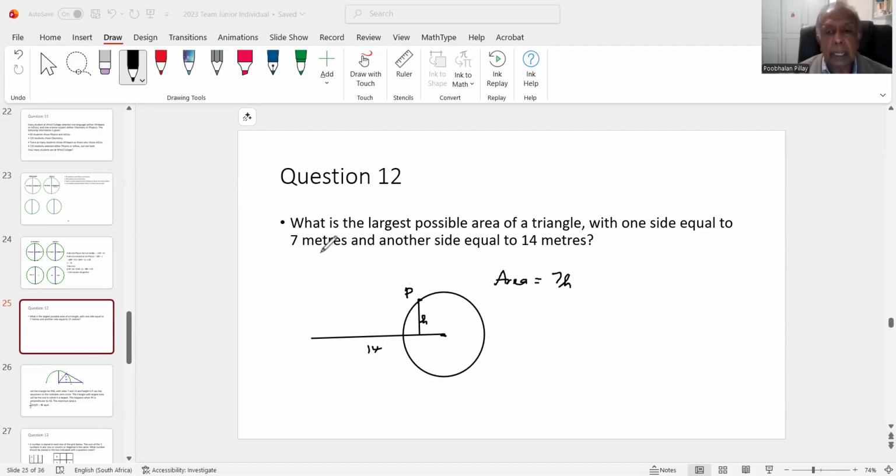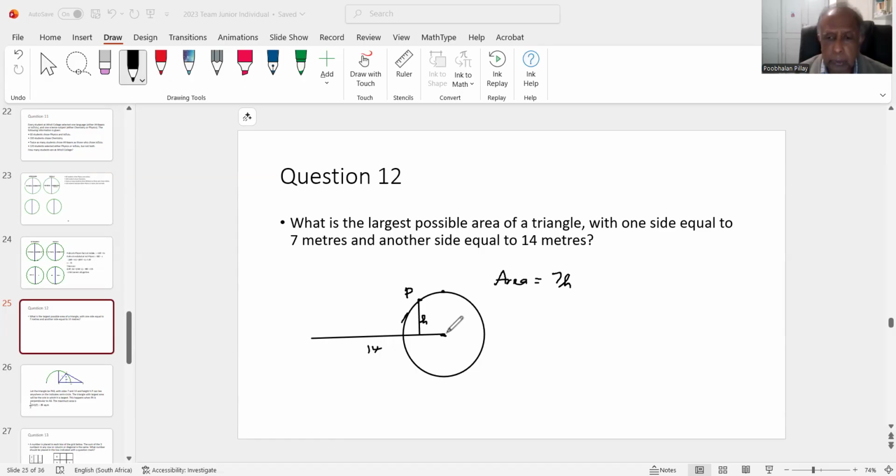Now you want the largest possible area, so you want h to be as large as possible. For the various points P, you can see the h from here, as I move from left to right, is getting bigger and bigger until it comes to here, the North Pole, and then the h gets smaller.